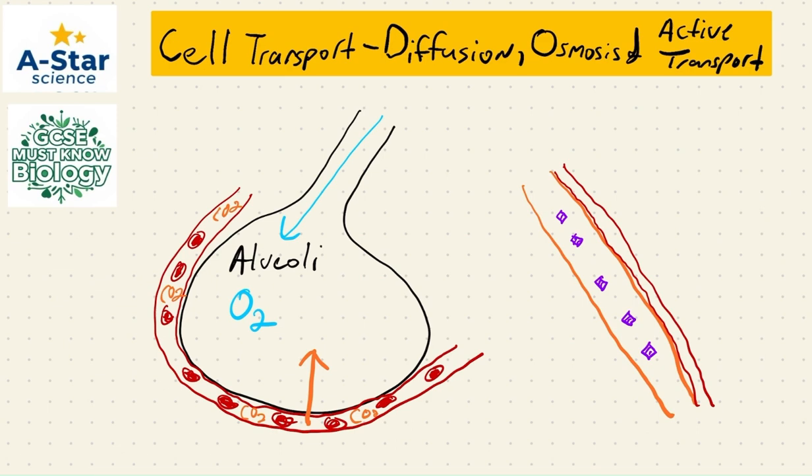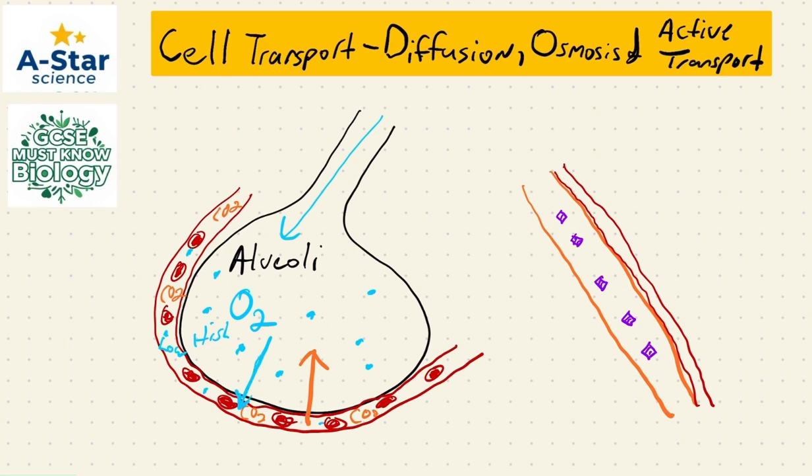So because there is less oxygen in the blood than there is in the lungs, this oxygen will then diffuse into the bloodstream from the lungs, from a high concentration to a low inside the bloodstream. Diffusion will take place of the oxygen.